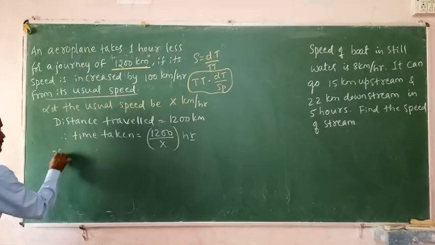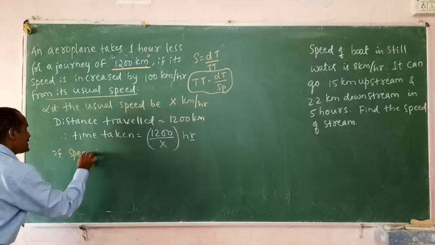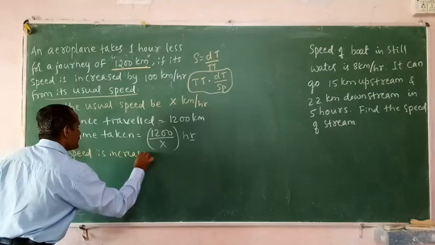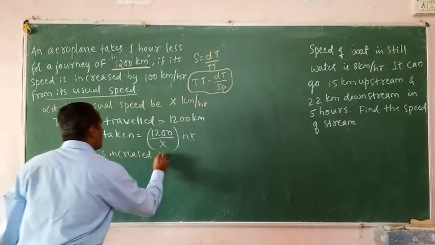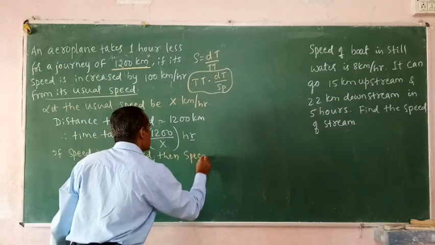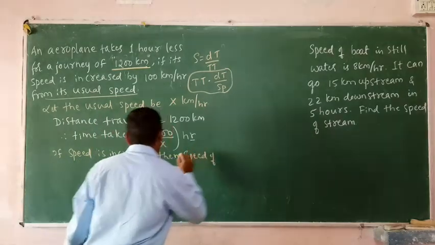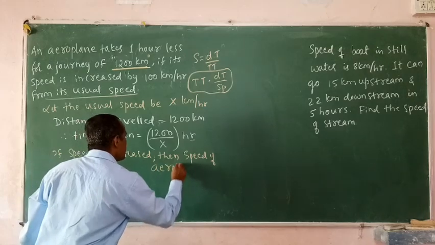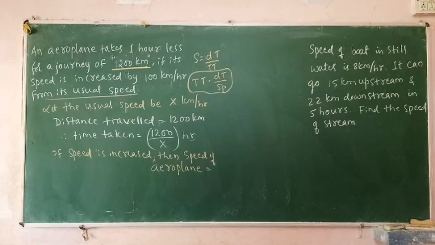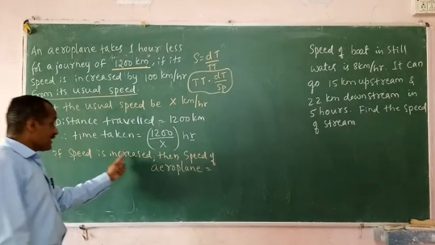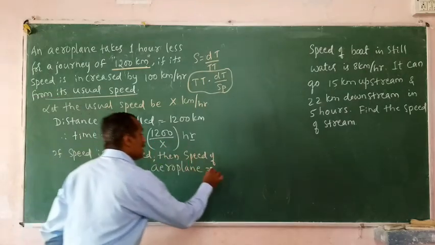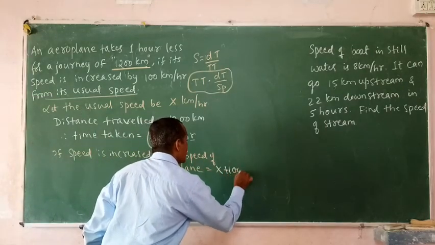Okay. If speed is increased, then what is the new speed of the aeroplane? Earlier it was x. Now the speed is increased. It is x plus 100.